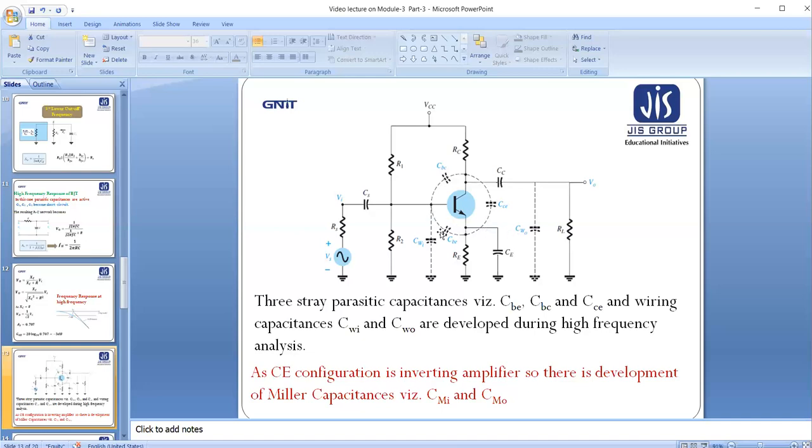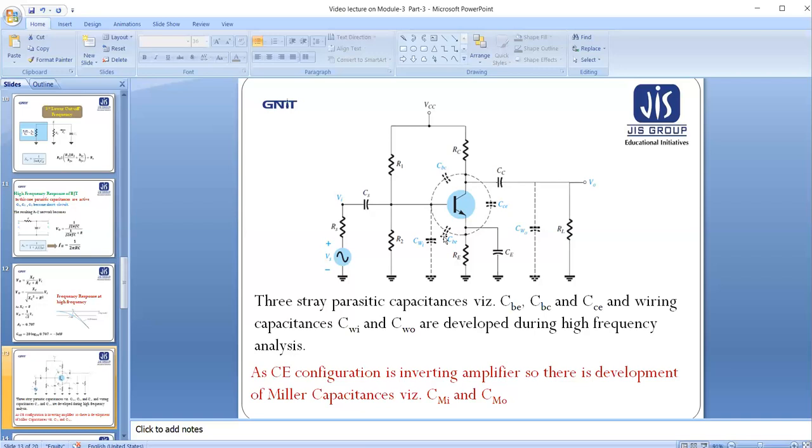Now, at high frequency, from base to emitter, it is the base emitter capacitance CBE, which was also observed in our high frequency hybrid pi model as C pi. From base to collector, this is a feedback capacitor CBC, which was renamed in the hybrid pi model as C mu. And there is an extra capacitor from collector to emitter, CCE. These three capacitors are the parasitic capacitances.